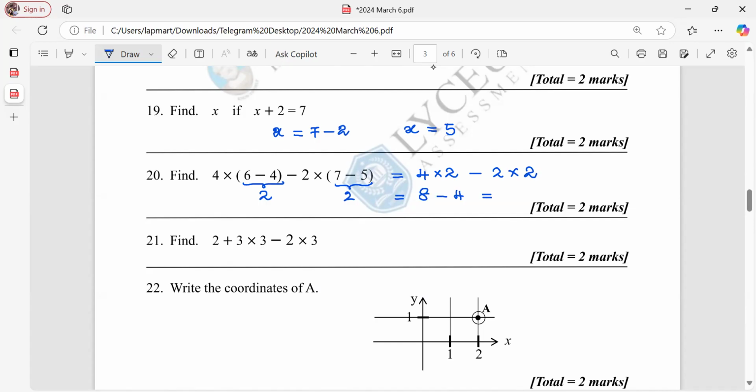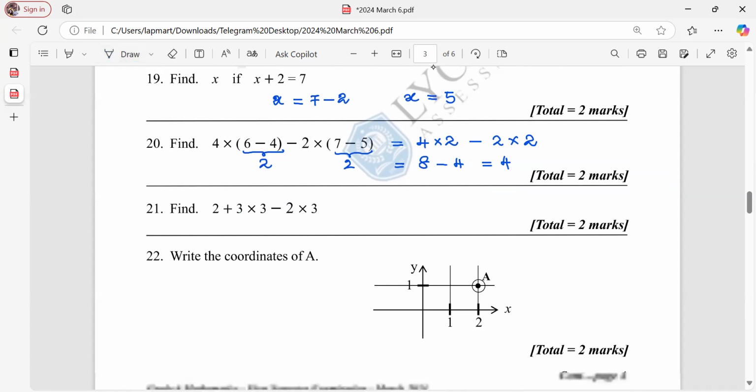The answer is 8 minus 4, 4. Right? So then the answer is, I'll double check this. 6 minus 4, it is 2. Right? 7 minus 5, it is 2. 4 times 2, 8. And 2 times 2, 4. 8 minus 4, 4. Right.